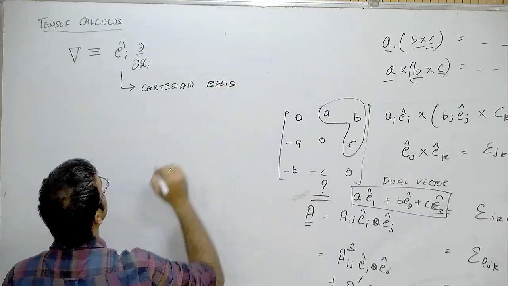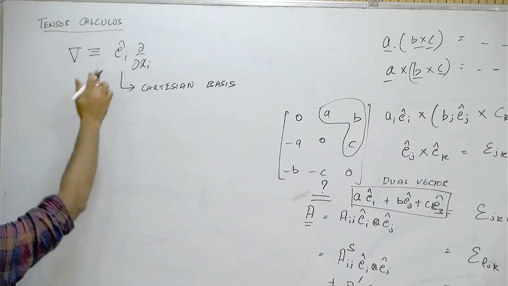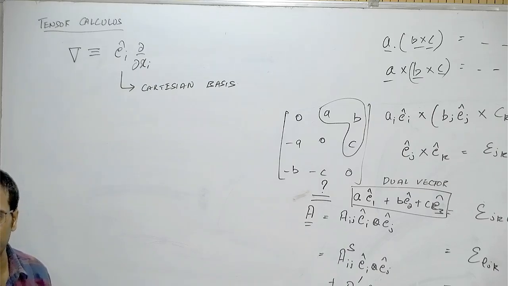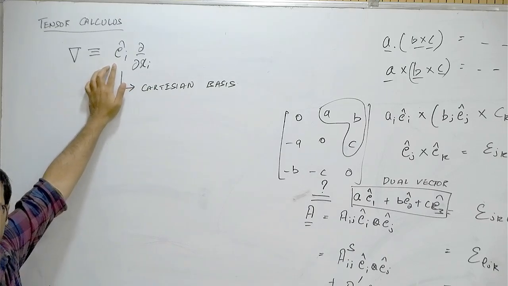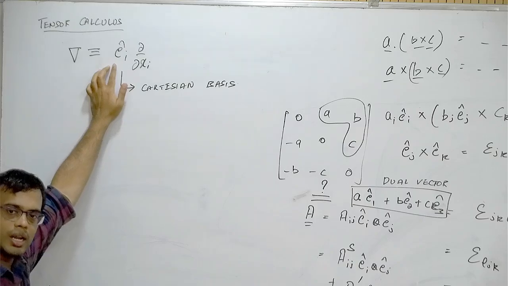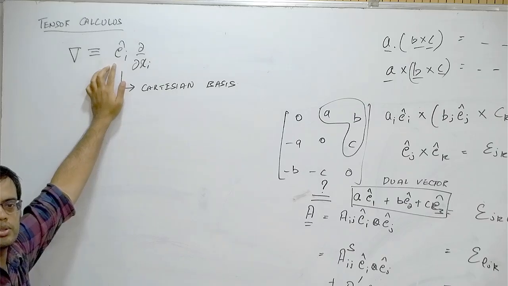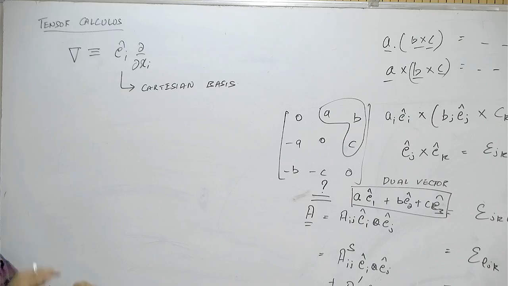This definition is going to hold in Cartesian bases only. When you change your coordinate system from Cartesian to, let's say, cylindrical or spherical, it's not that straightforward. You're not just going to get e hat r del by del r plus e hat phi del by del phi; there are additional quantities which you have to account for, and you can read about them in the optional section of chapter 1. Ideally that's how a continuum mechanics or fluid mechanics course should start, but that's okay.